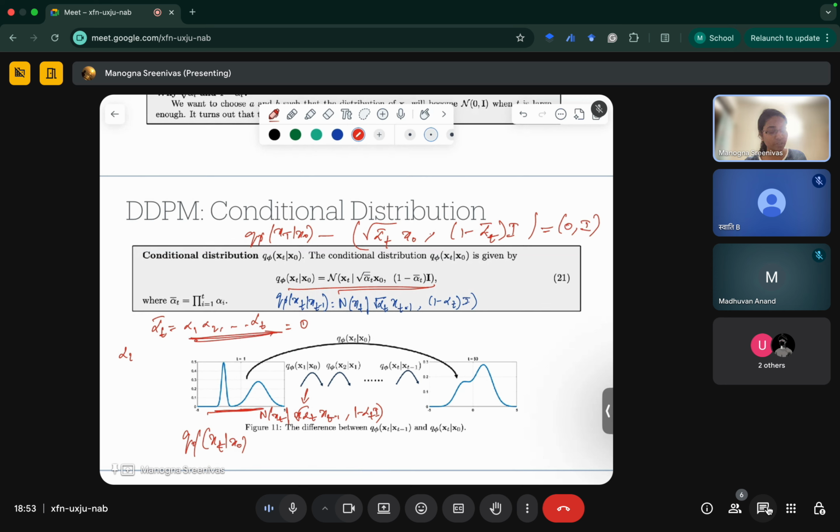But when you choose all alphas less than 1, for large t this converges to 0. For t tending to infinity it will converge to 0, but you can't do that, so you choose a big number where it's practically converged.